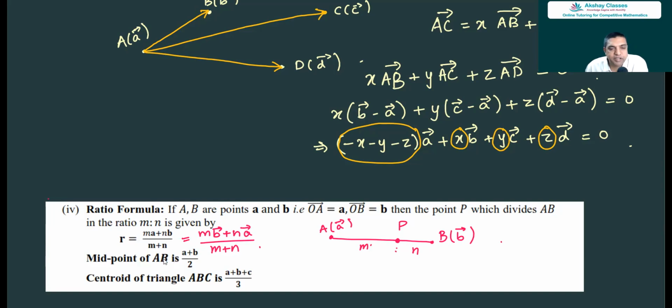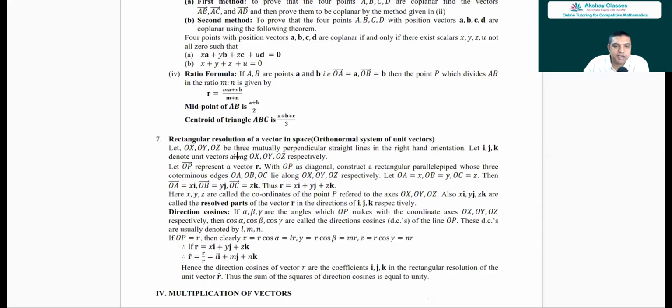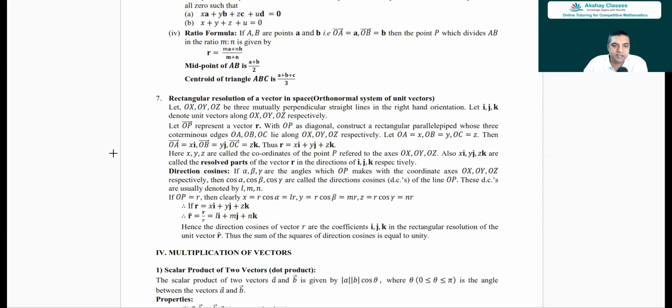And the midpoint will be A bar plus B bar by 2. The centroid of a triangle formed by 3 points will be A plus B plus C by 3. So these are some standard results, just reviewing this.